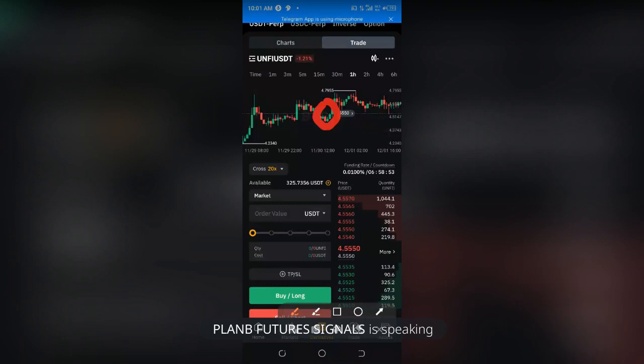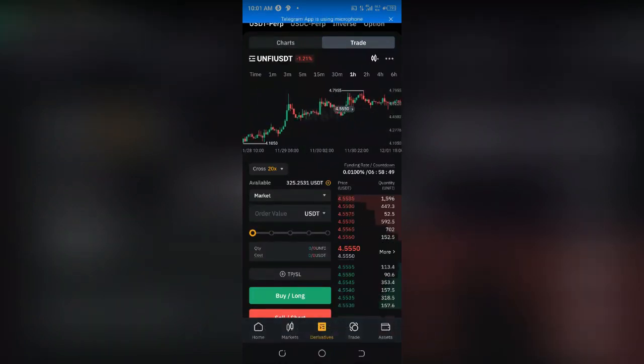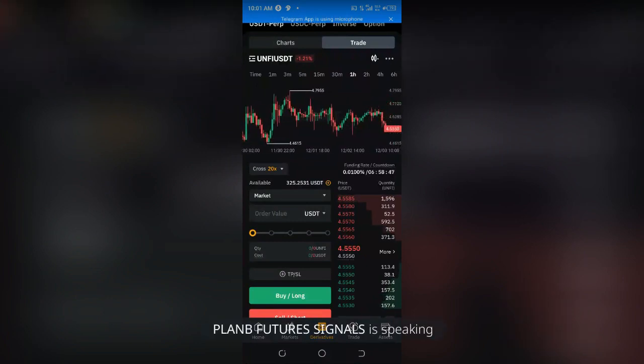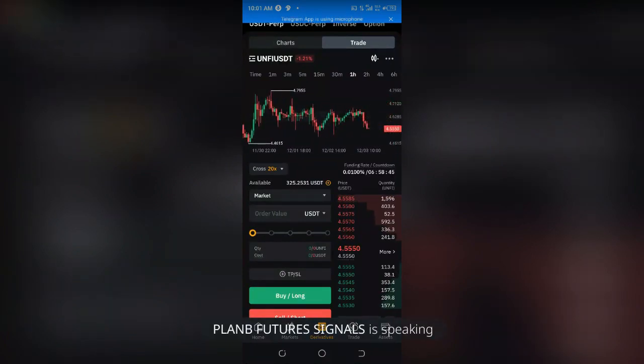Now, you can see the movement this market has been making all this while. It's moving sideways. It's not really going up, and neither does it go down.